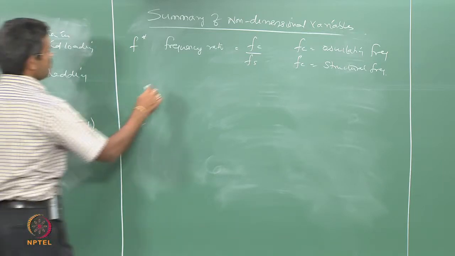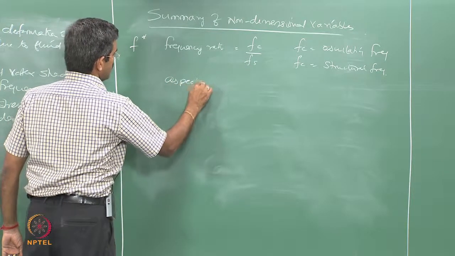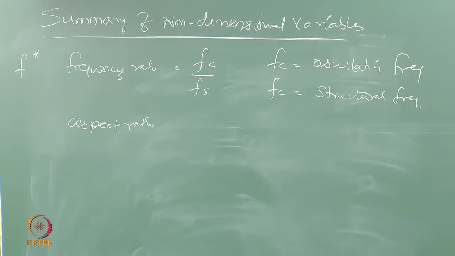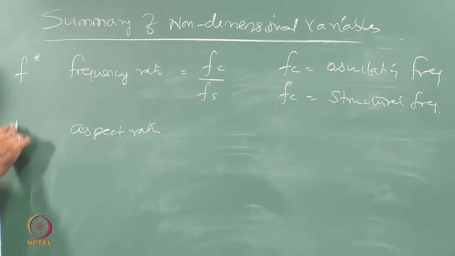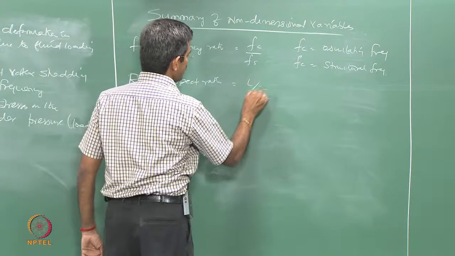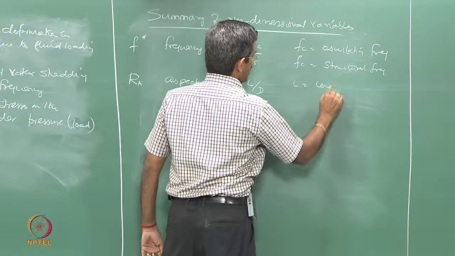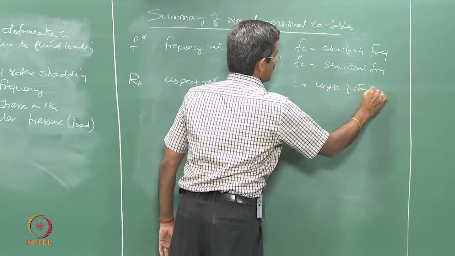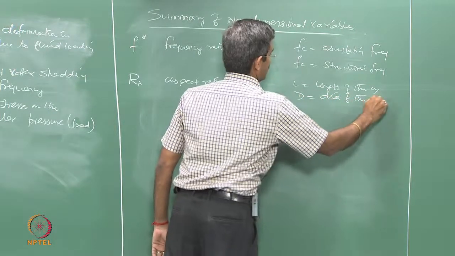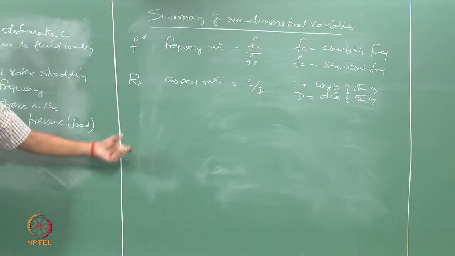Other is called aspect ratio, which is a design parameter, which is RA, which is L over D, L length of the cylinder and D dia of the cylinder. So, geometric parameter.